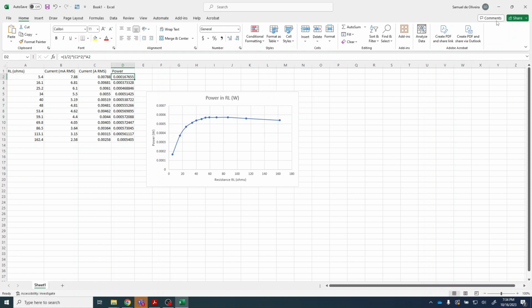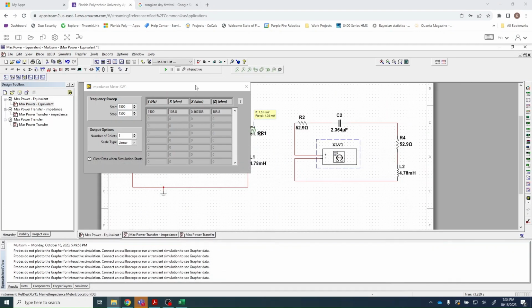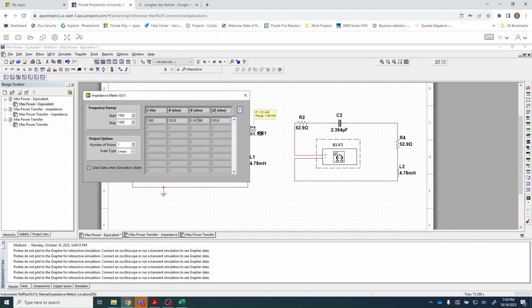And one explanation for that, possibly, is that I can't exactly cancel out my reactance as I do in Multisim. So I mentioned that here in Multisim, I have my perfect ideal resistors and capacitors and inductors.